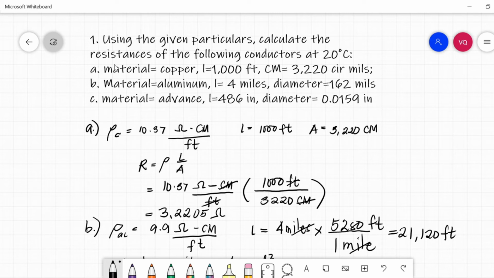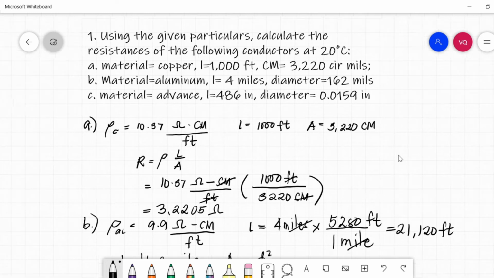For letter A, we will solve the resistance of copper with a length of 1,000 feet and an area of 3,220 circular mils. Letter B is aluminum, the length is 4 miles, diameter is 162 mils. Letter C is advance, the length is 486 inch, diameter is 0.0159 inch.